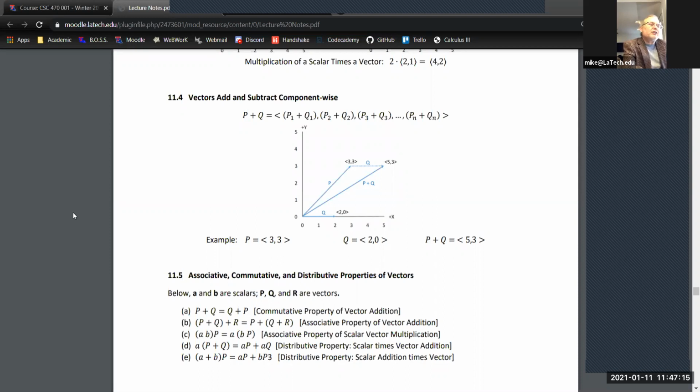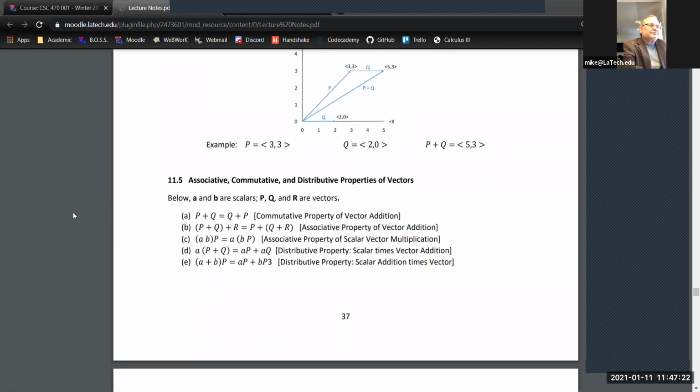At the bottom of the page, we have some properties of vectors and scalars. So there's a commutative property of vector addition. So P plus Q gives you the same result as Q plus P. There's an associative property of vector addition.